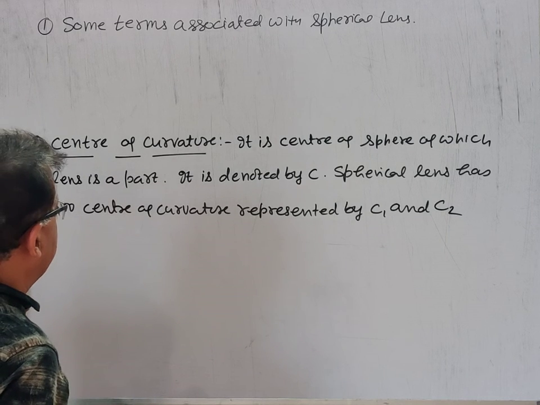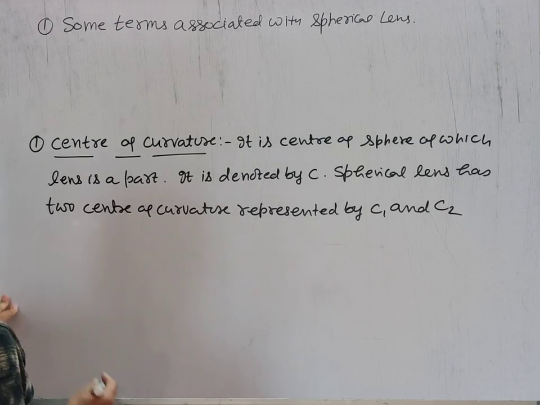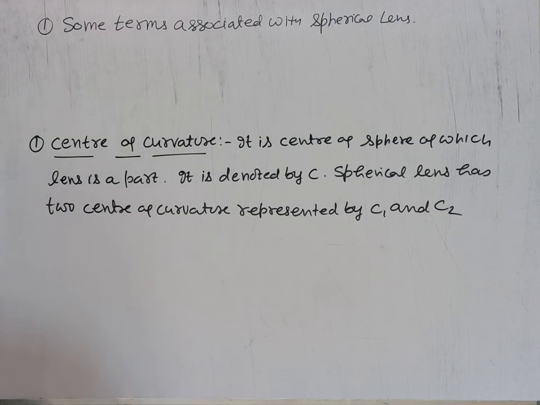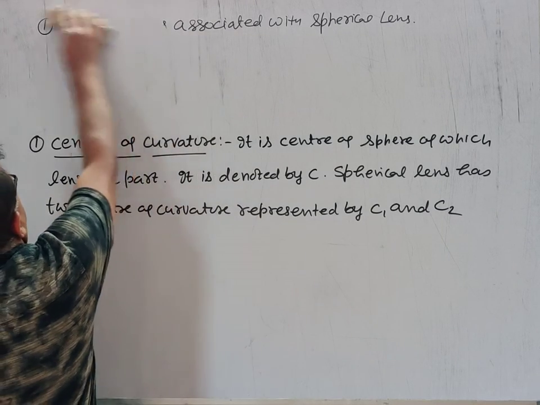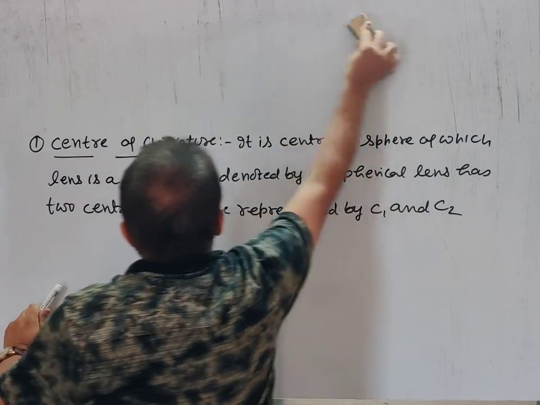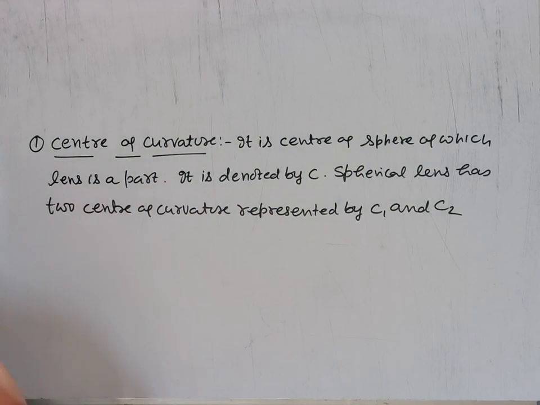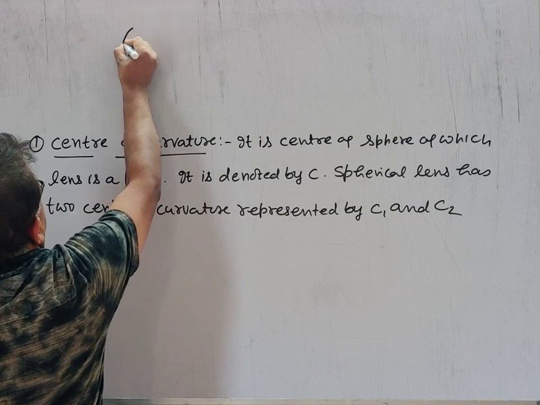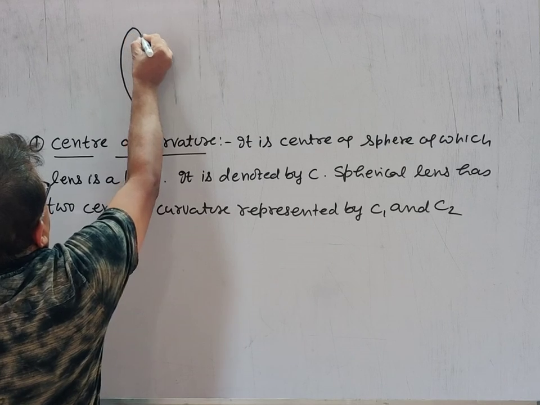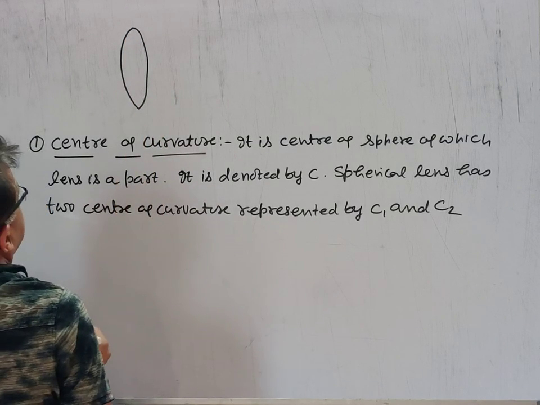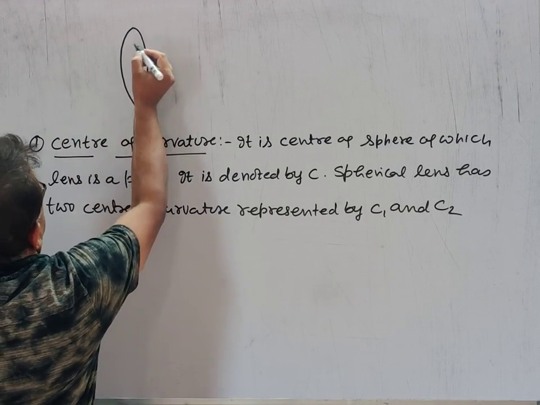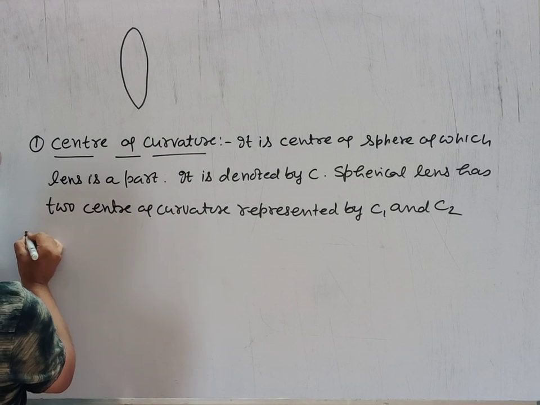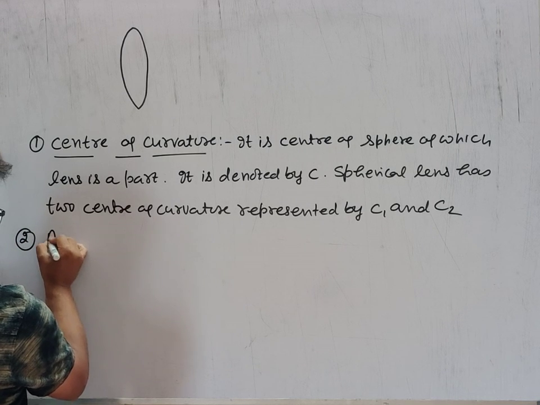Now we shall draw the diagram. At first, on the upper portion we shall draw the diagram. It is a convex lens.